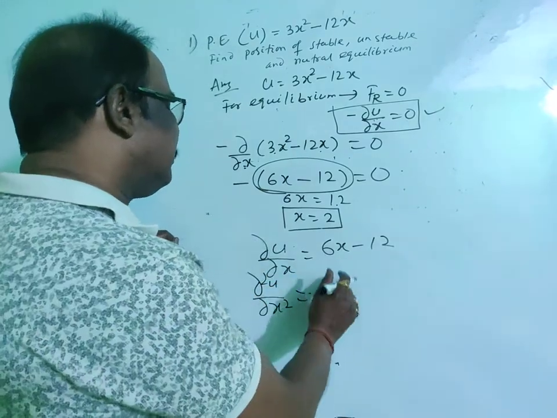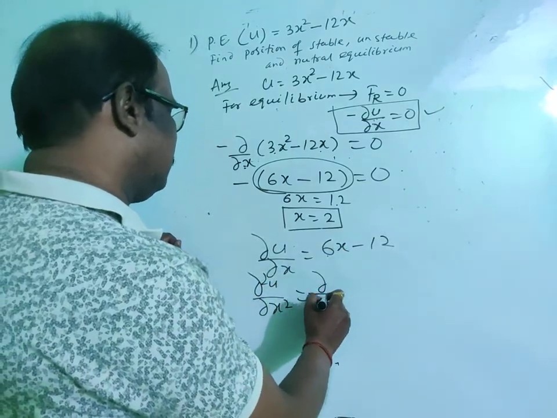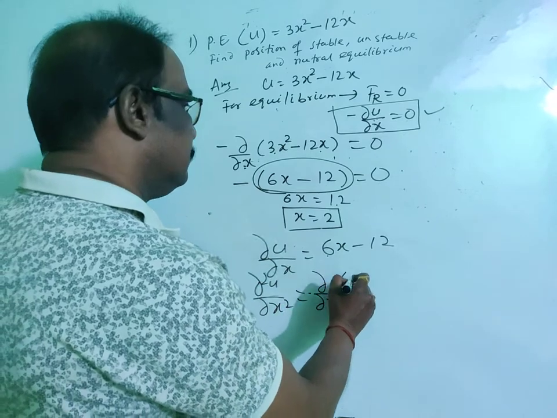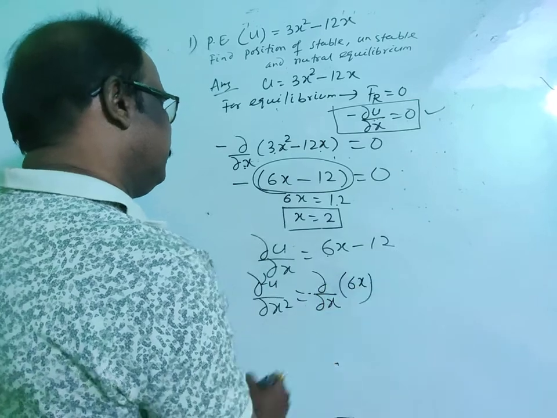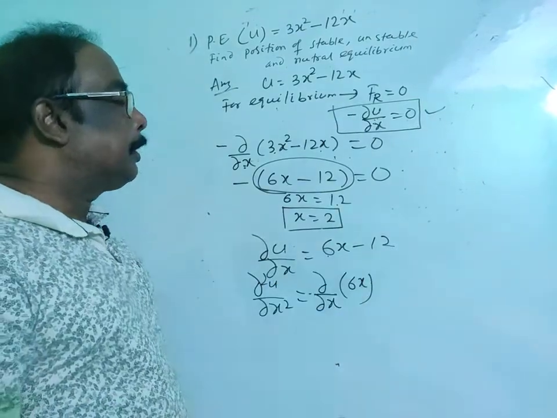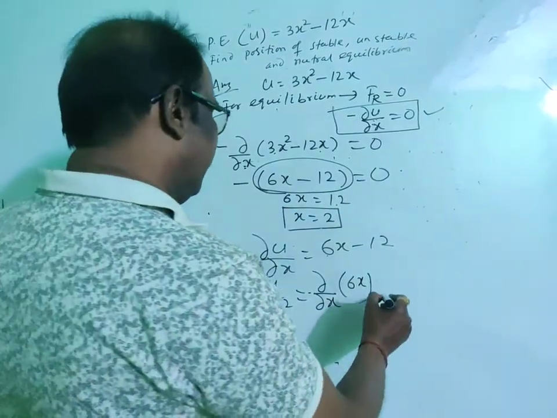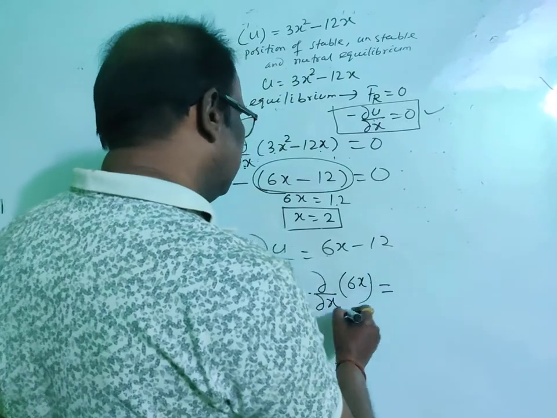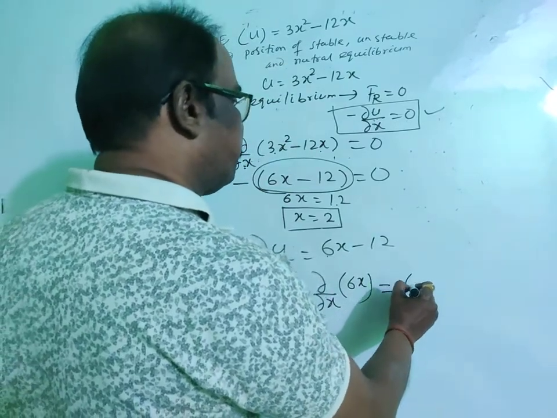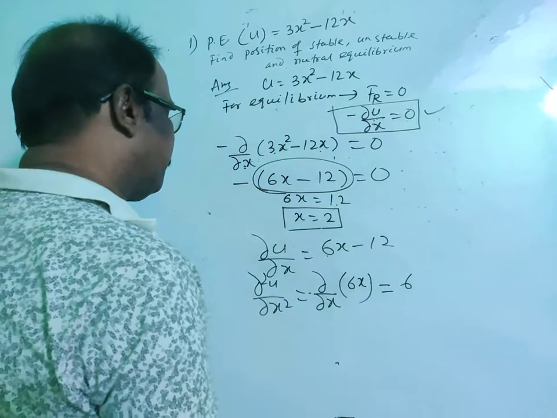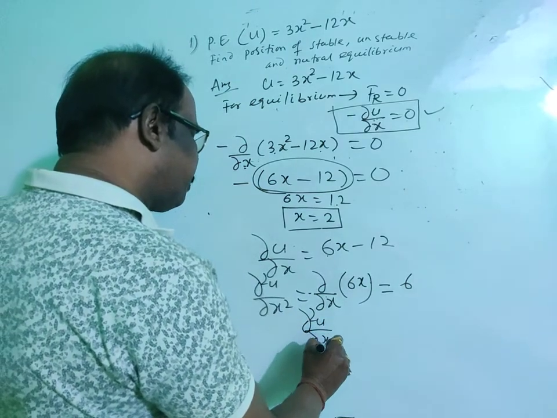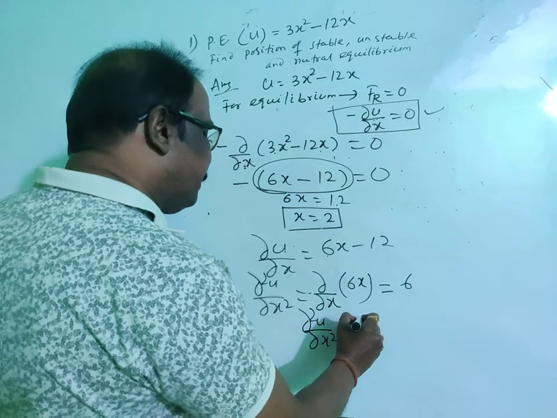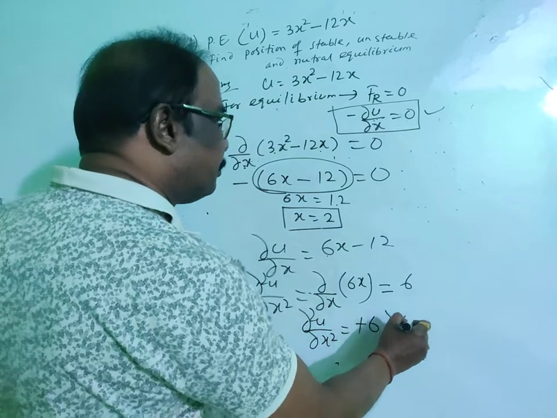This will come 6x, differentiation of 12 is 0, then it will come 6. d square u by dx square is equal to 6, means plus 6, so greater than 0.